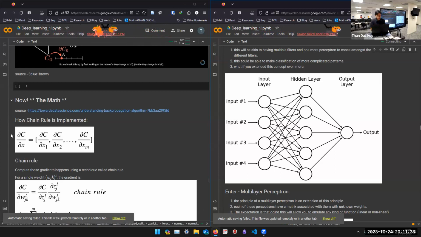So I was referring to the equation and how it maps onto the graph, the diagram, right? Each of the arrows is a weight, and we want to find the partial differentiation of the cost over all those weights. If the weights are closer to the output, it is easy, you have one step.